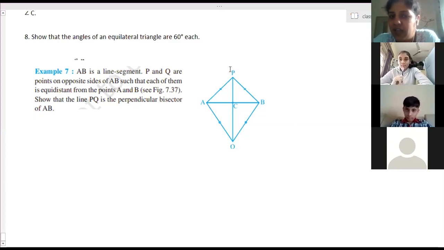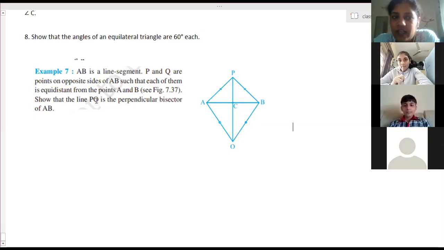As well as Q is also at equal distance from A and B both. So AQ is the distance of Q from A and BQ is the distance of Q from B. So AQ and BQ are equal.